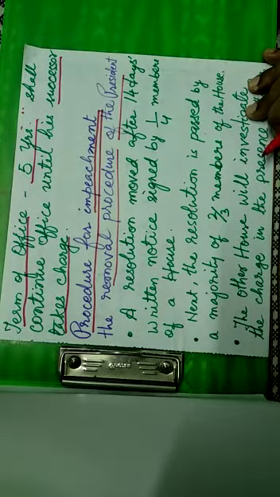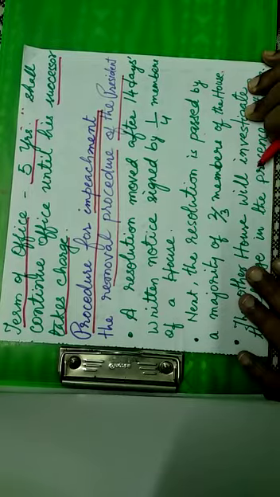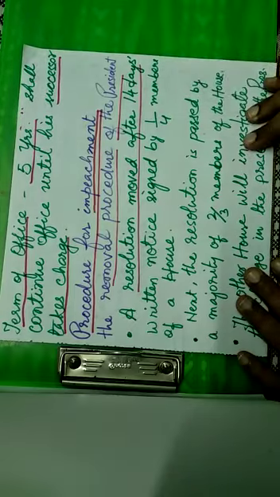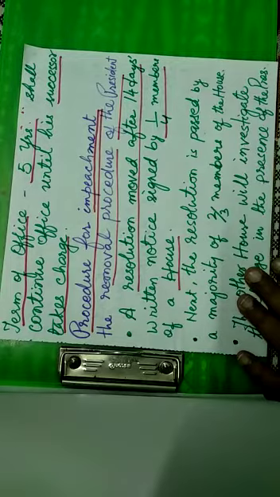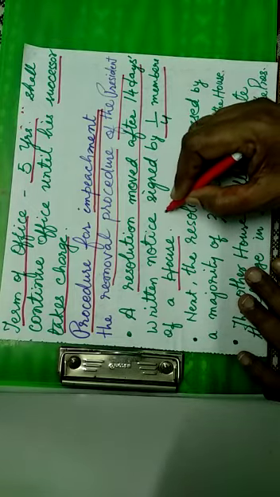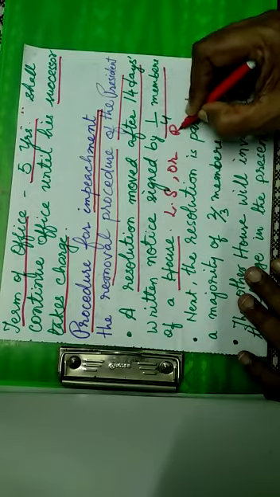What is impeachment? Yes, the procedure for removal of the president. First, a resolution will be moved with 14 days notice. A written notice signed by 1/4 of the members of a house can be sent and intimated to the president. It can be either of the houses, that is the Lok Sabha or the Rajya Sabha.